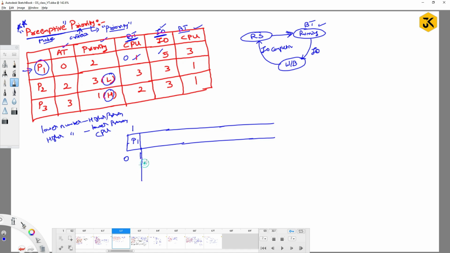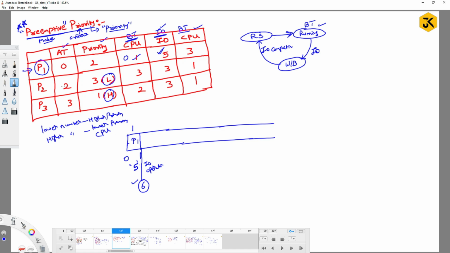The IO operation, it will wait for how much time? 5 units of IO operation. Means it will come back again after 6 units. Up to that time, you should not disturb the P1 process. Means this will be done.